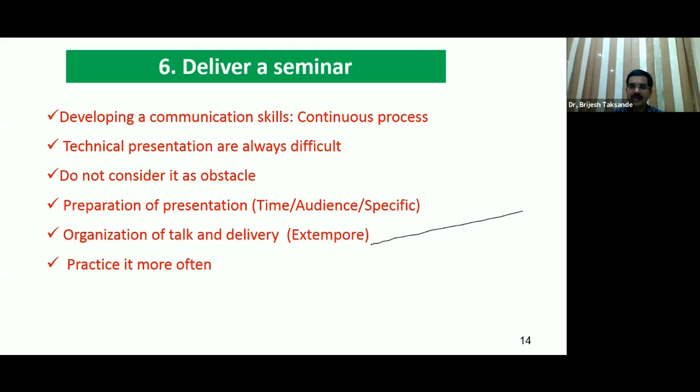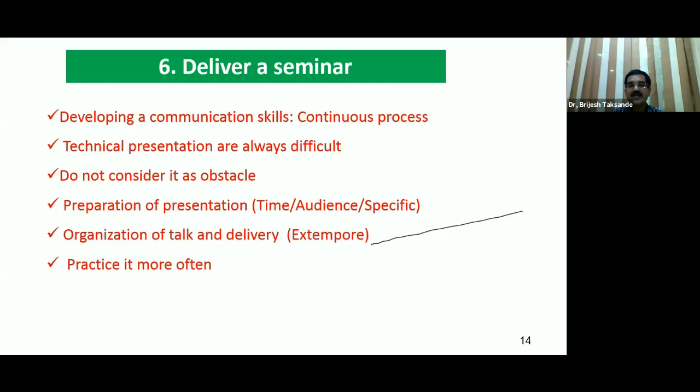Whether you are delivering a seminar before your juniors, before your guides and colleagues, or before the principal or all HODs and all the guides of the institute. And be specific whether your presentation is at the time of examination, whether it is a journal club, or whether it is a regular presentation. So all these factors can be influencing factors for the preparation of your presentation.